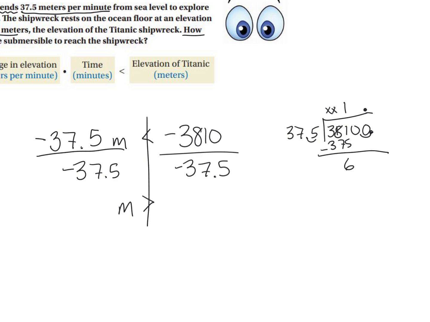And I'm left with 6. 375 does not go into 60, but it does go into 600 one time. That's a 5, that's a 9, that's a 10. I'm left with 5, 2, and 2.